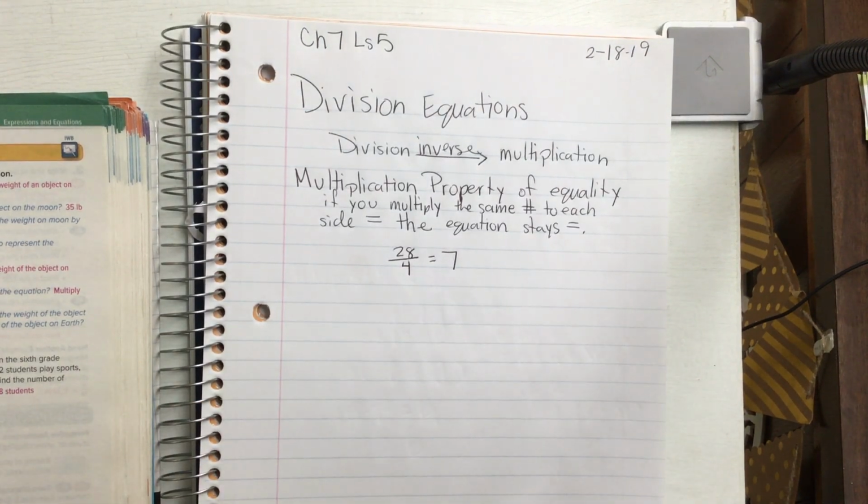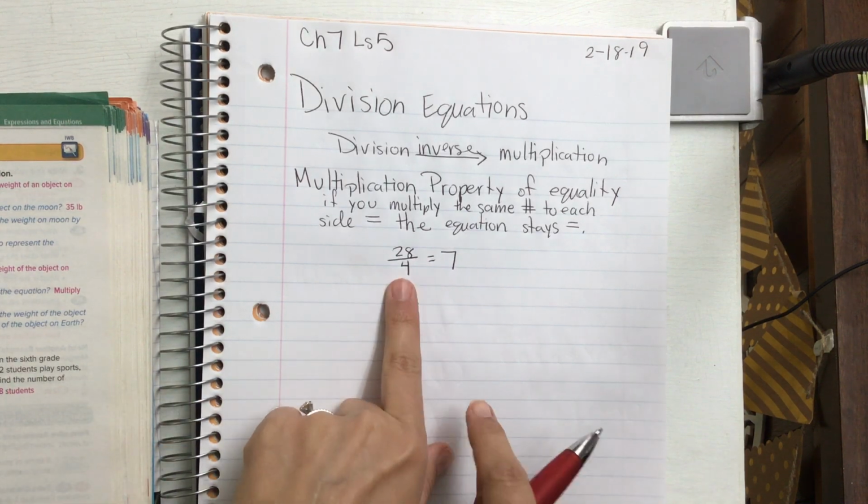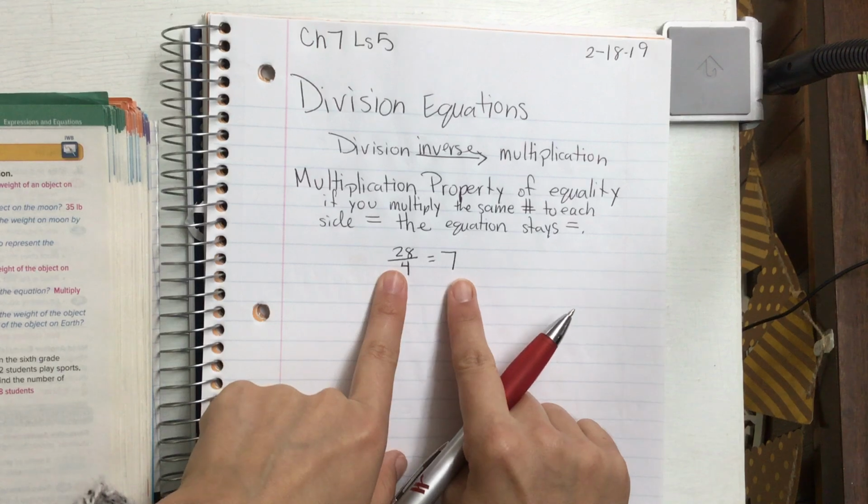Do you agree that 28 divided by 4 equals 7? Yes. Okay. That is equal. This side is equal to this side. The left is equal to the right.